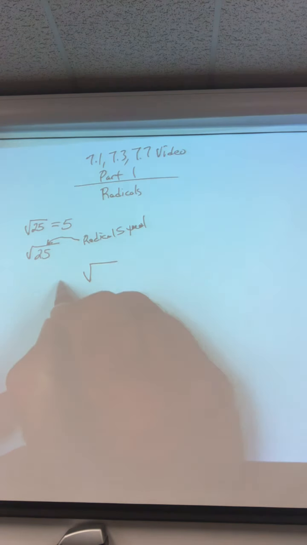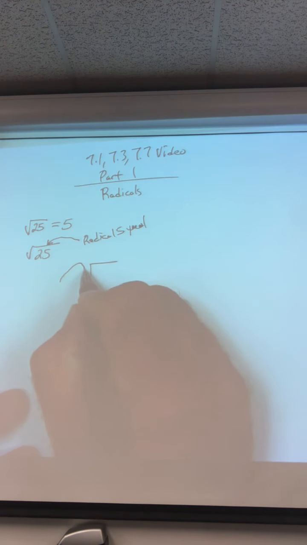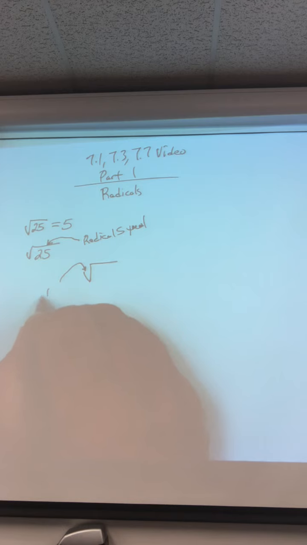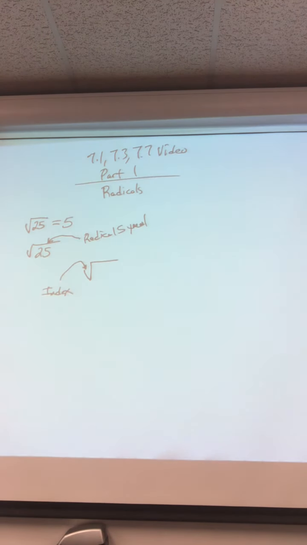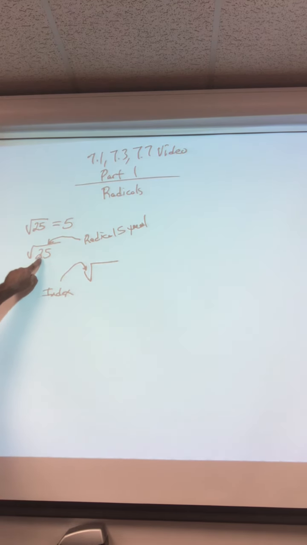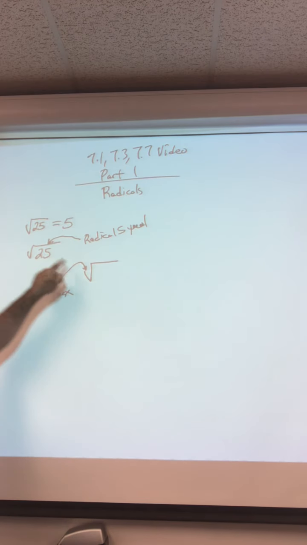Now, every radical symbol is made up of two parts. It's made up of a little bitty number that sits right down in here. Now, you say, Mr. Rain, there's no number written there. That's true. I'll talk about that in a second. That little bitty number is what we call the index. Let's read this again. The what root of 25?